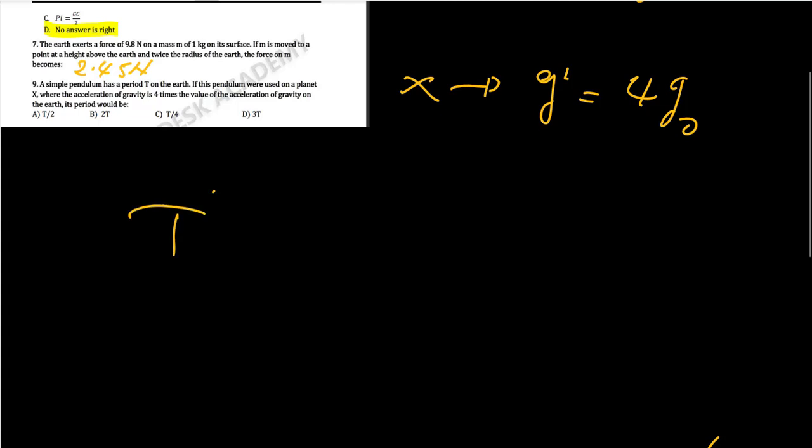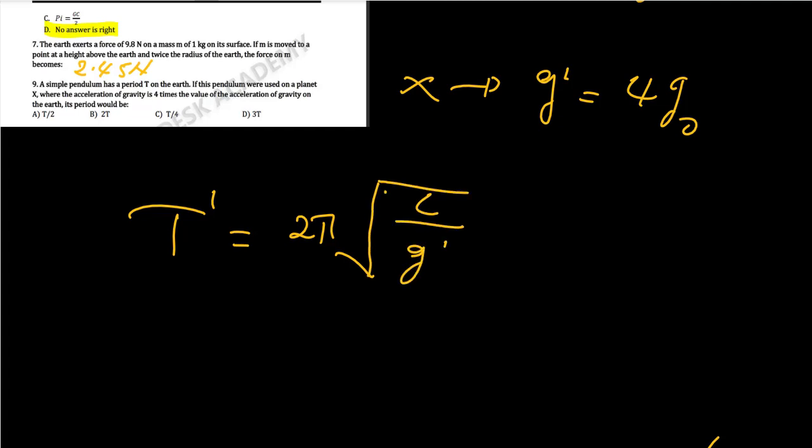So t prime will be equal to 2 pi times the square root of L divided by g prime. But g prime is simply 4g naught. So I have 2 pi times the square root of L divided by 4g naught.